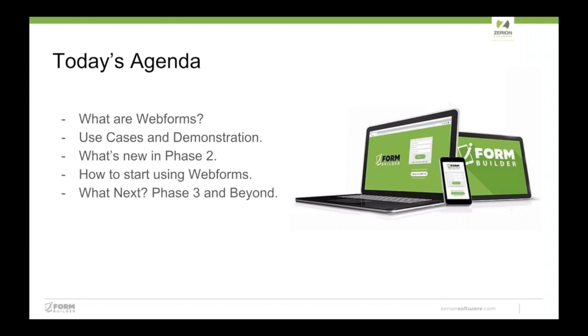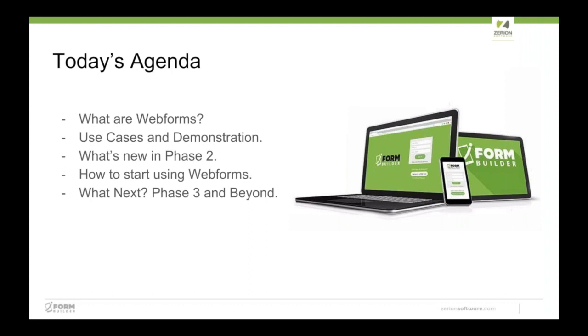And then later on, I want to go ahead and look at what's new in this phase of web forms. We had our first phase released here a couple months ago, and now we did a lot more work and have a ton of the more smart form functionality available. And then I do want to go over how to start using it if you have not already enabled web forms today. There are a couple ways that you can enable this.